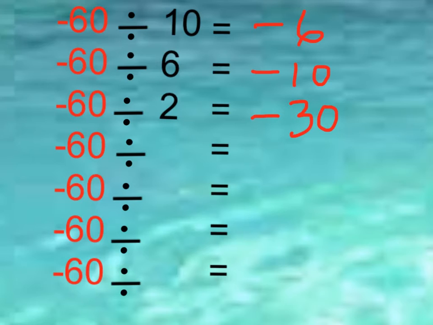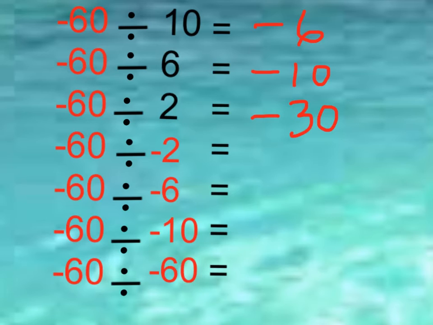So let's add some negative divisors and see what the result is. So now that we have done that, if we don't know what the quotient is going to be, we can do the reverse multiplication. The quotient times its divisor should equal the dividend.